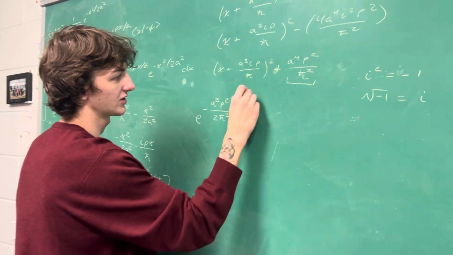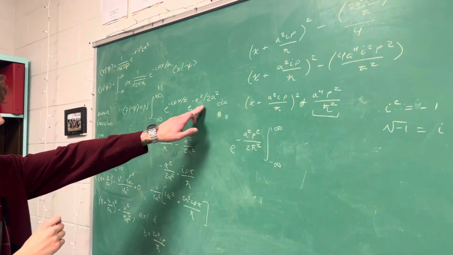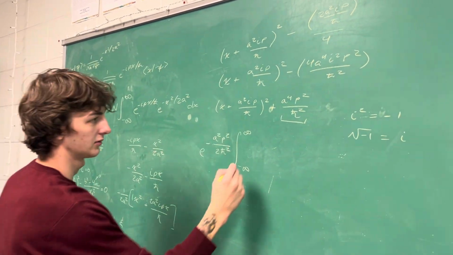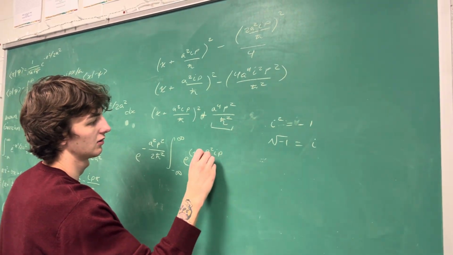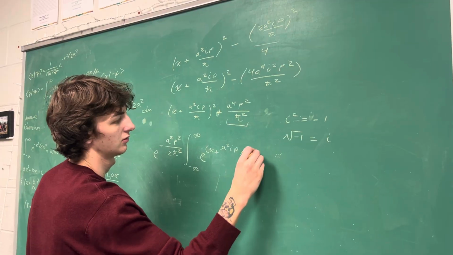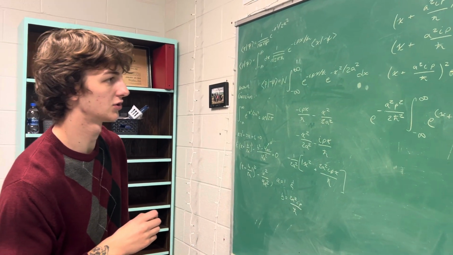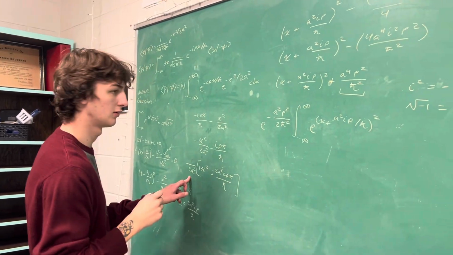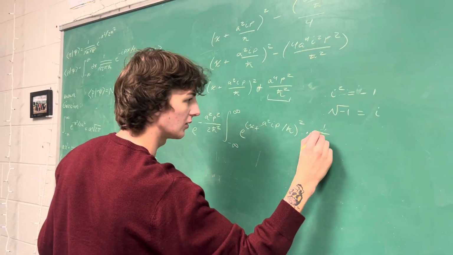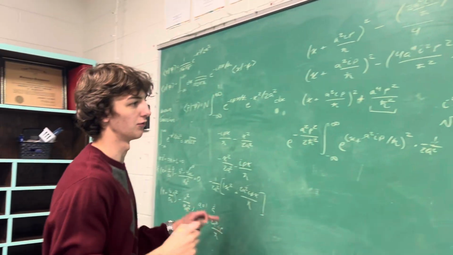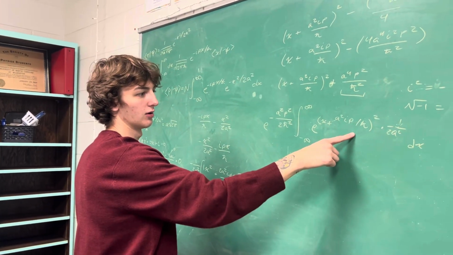And now we're going to take that outside of our integrand and go ahead and rewrite our integral with this term now being this term. So it's e to the x plus a squared ip over h bar squared. And now what we're going to do is shift our integral and our constant back in here. This is still multiplied by -1 over 2a squared. And so now what I'm going to do is shift our variable.